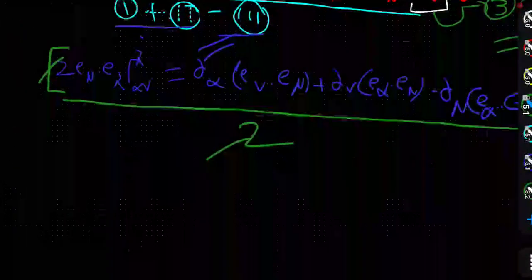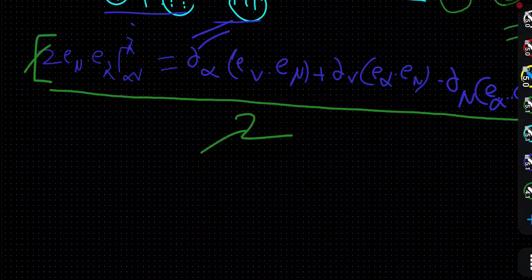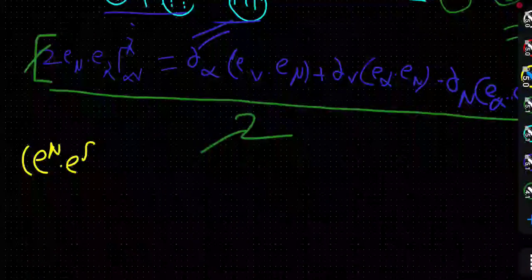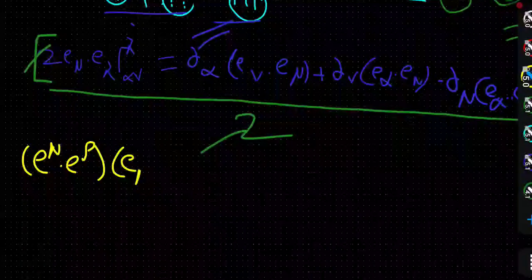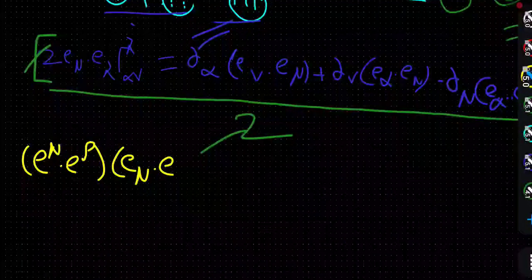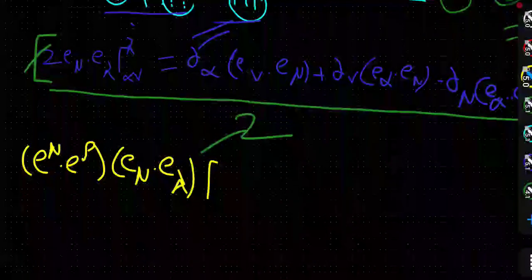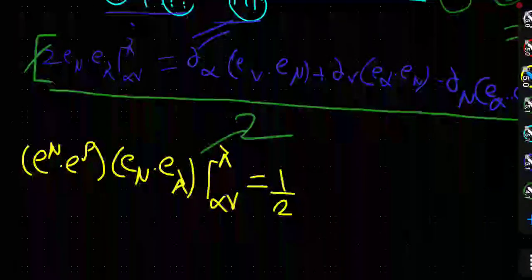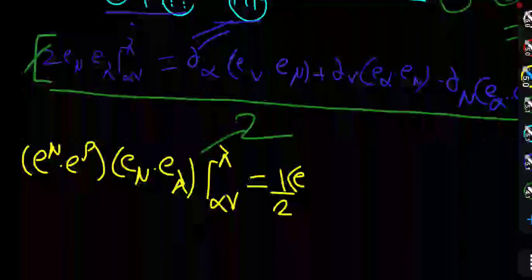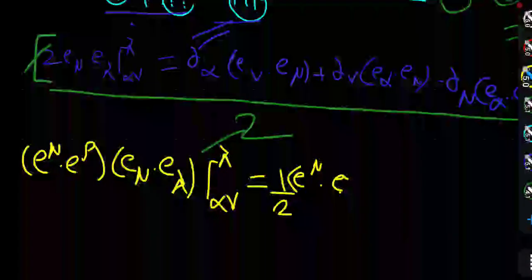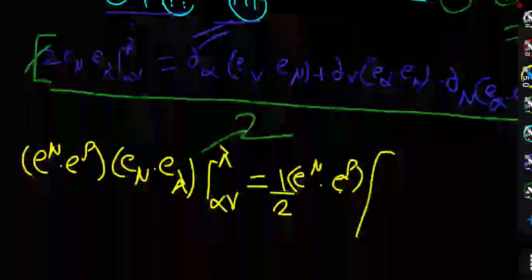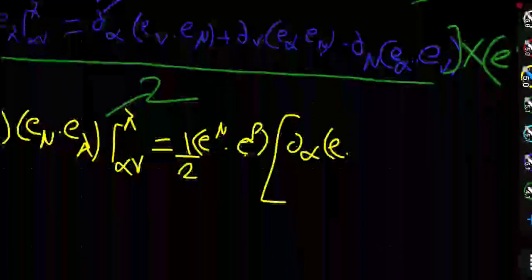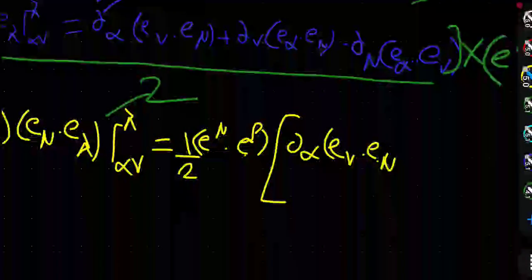So it will look like E of mu dot E of rho, E of lambda, here gamma lambda alpha mu, equals one half of E of mu dot E of rho, and in the bracket you have these terms, del of alpha of E of mu dot E of nu.